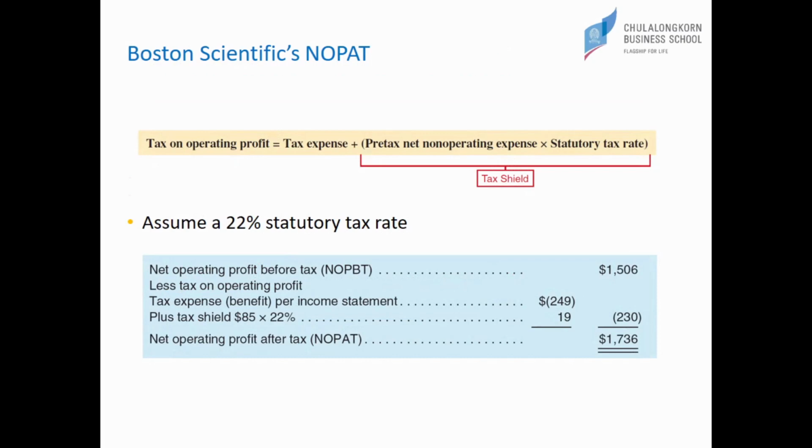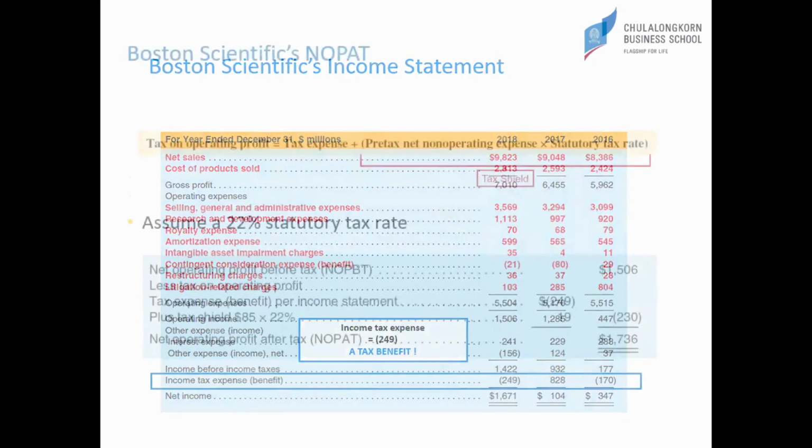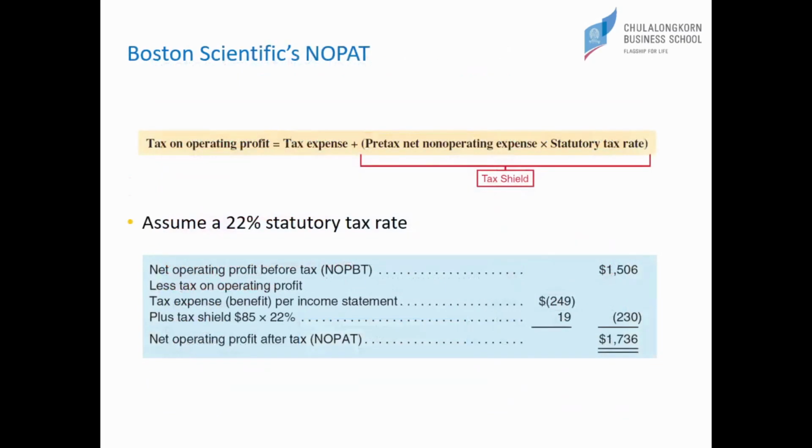So this part here is exactly the formula that we saw earlier, right? Tax expense plus the tax shield. Tax shield calculated as the 85 that we have calculated here, multiplied by the tax rate of 22%. So you get this NOPAT.